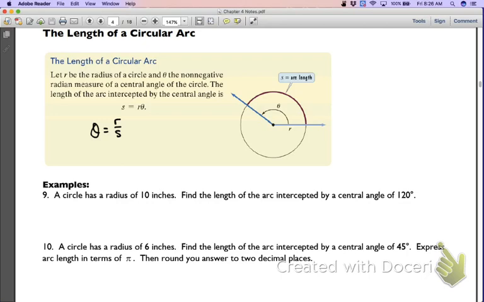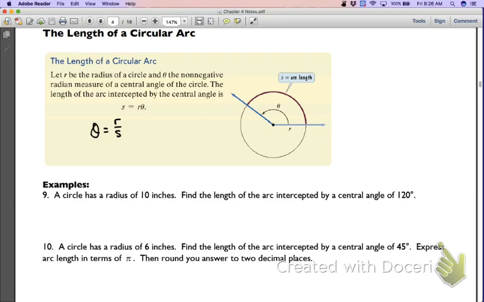So what I've got to do, if I'm given a central angle of 120, I've got to first know what the radians are. So first thing I need to do on any of these is make sure that it's in terms of pi.